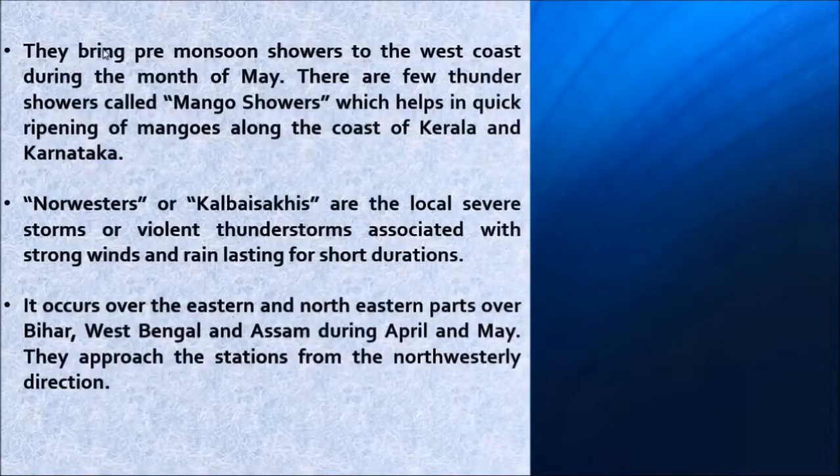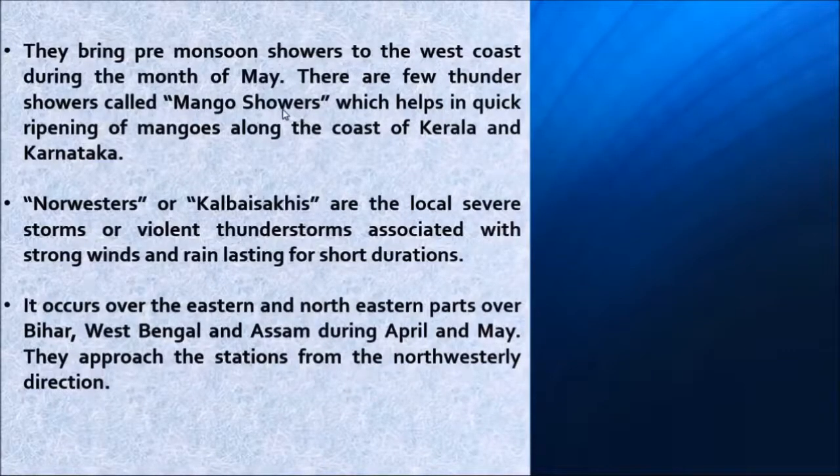So children, they bring pre-monsoon showers to the west coast during the month of May. During this summer season, in the month of May, they will get some light rainfall, and there are a few thunder showers called mango showers.